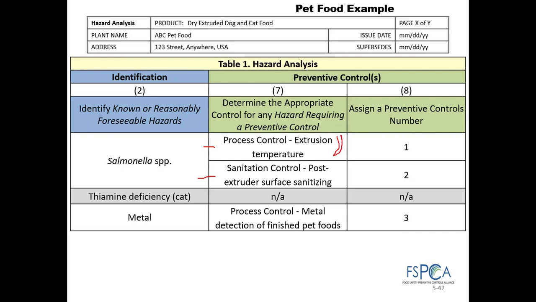You should be that specific to say extrusion temperature is what's killing that salmonella. All right, metal process control, metal detection of finished pet foods to cover what that magnet is not getting. Identification in column 8. Great. Okay, so that's table number 1 for ABC pet food.